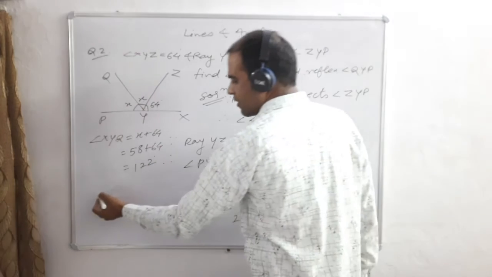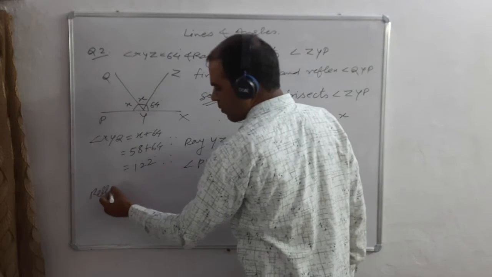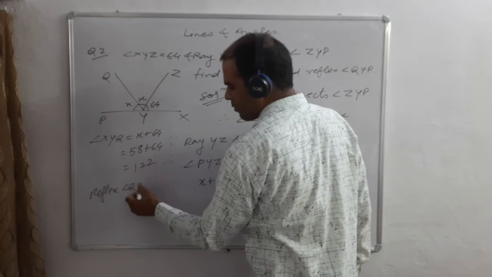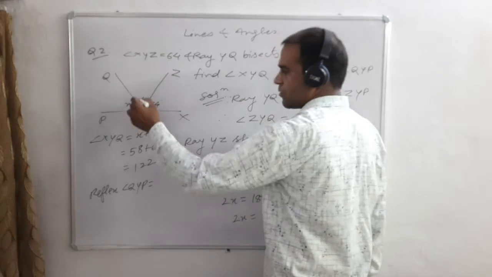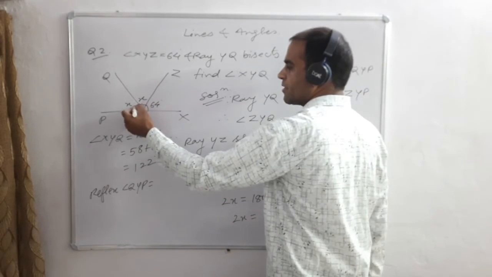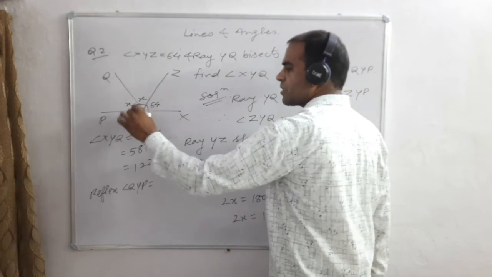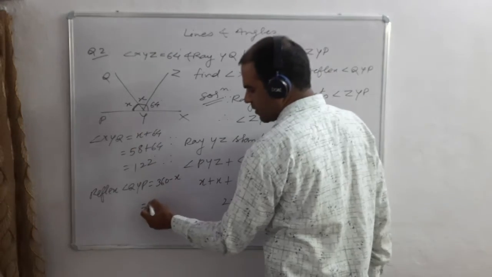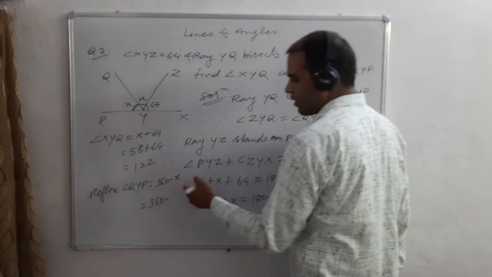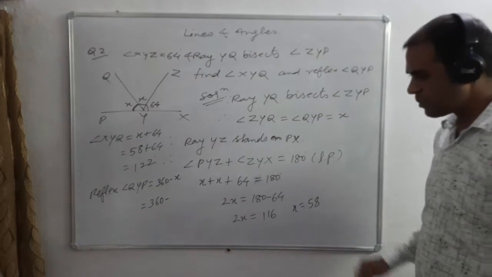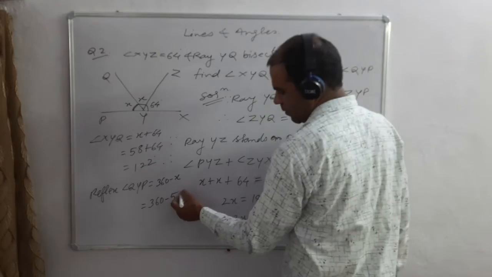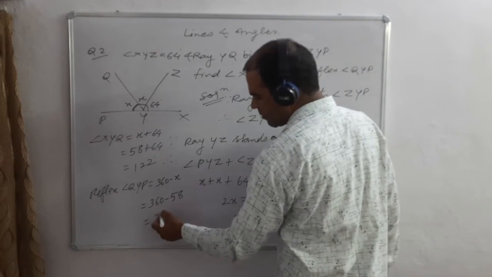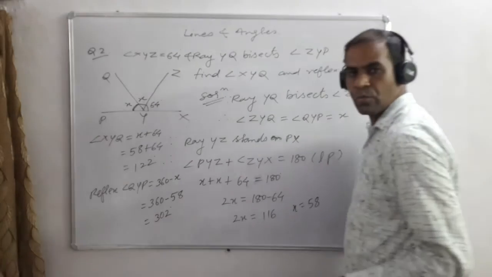QYP is x, and the reflex of QYP is 360 minus x. The reflex of this angle is 360 minus this. 360 minus x, and the value of x is 58. So the difference is 302.